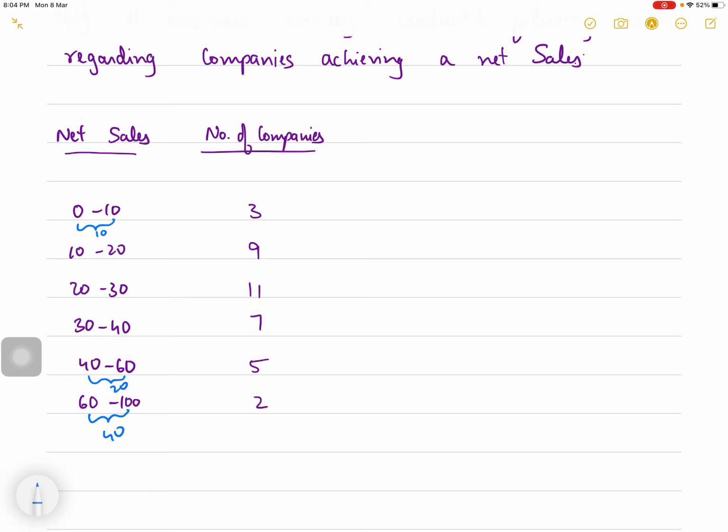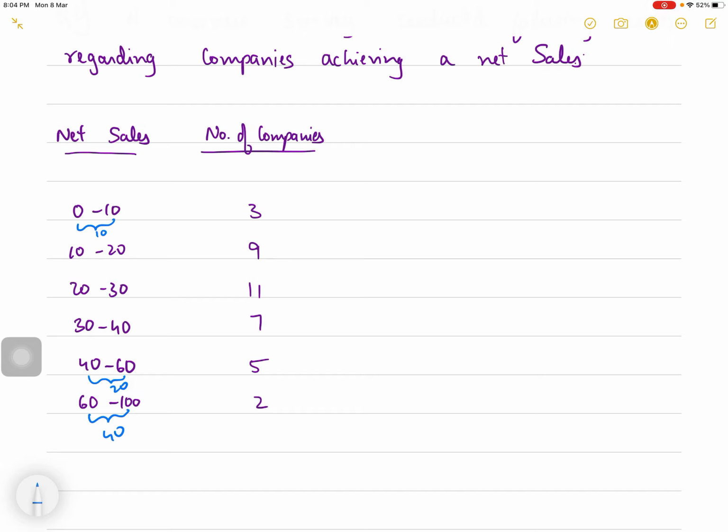That means we cannot use the step deviation method. We can use either the direct method or the deviation method. The third method we cannot use because the width of the class is not the same. So let's solve this problem using the deviation method, because the calculation in the deviation method is easier.